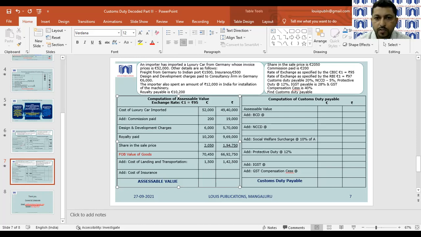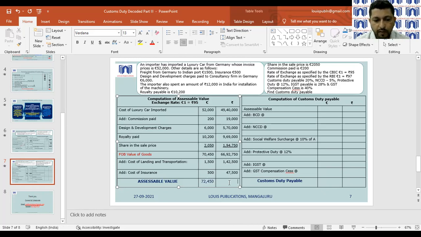Then you have insurance. Insurance is also given, 500 euros. So 500 into 95 will give you 47,500. So in euros together, it is 70,450 plus 1,500 plus 500, which will give you 72,450 euros.